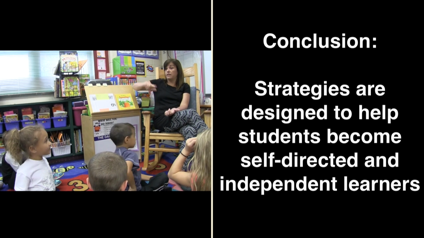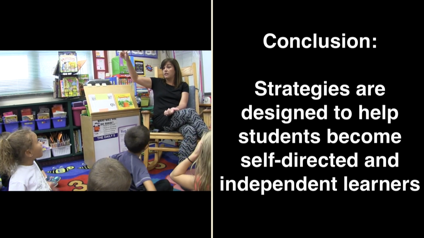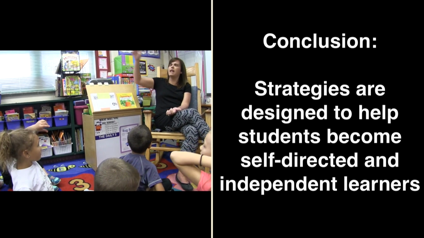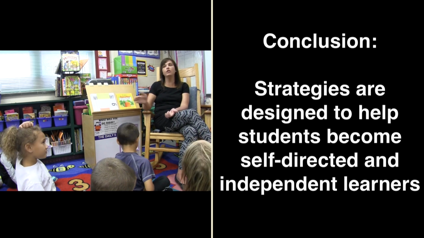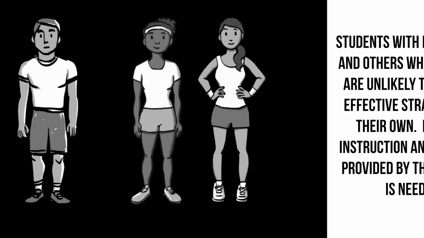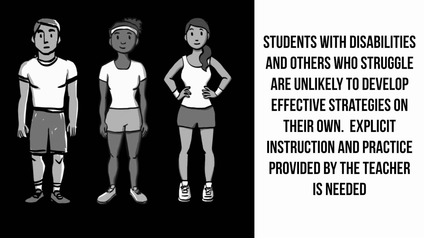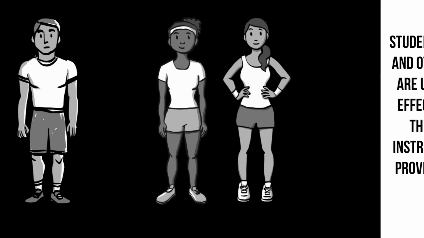In conclusion, cognitive and metacognitive strategies are designed to help students become more self-directed and independent learners. While some students may be able to develop their own learning strategies, students with disabilities often need explicit instruction to learn specific strategies that support their learning, including when and how to apply them.